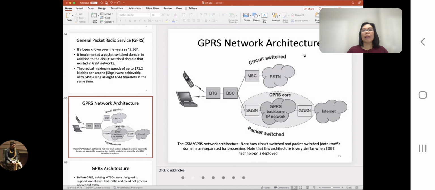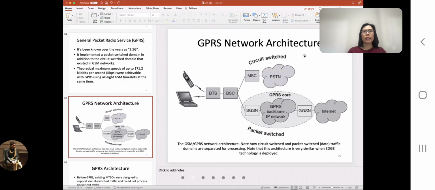Now circuit switching is used, or was used, in the original telephone network. When a person places a call to another person, a circuit or a path is reserved from the caller to the callee, between the two people.